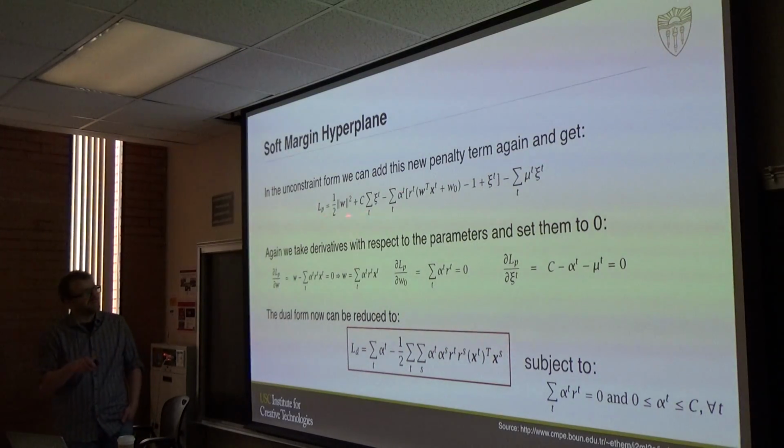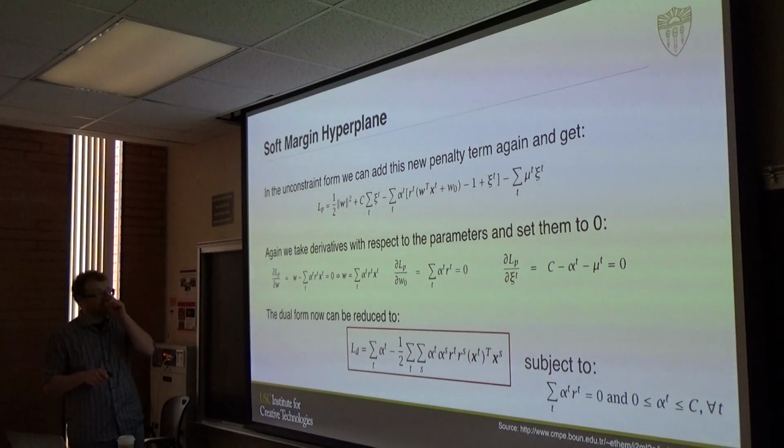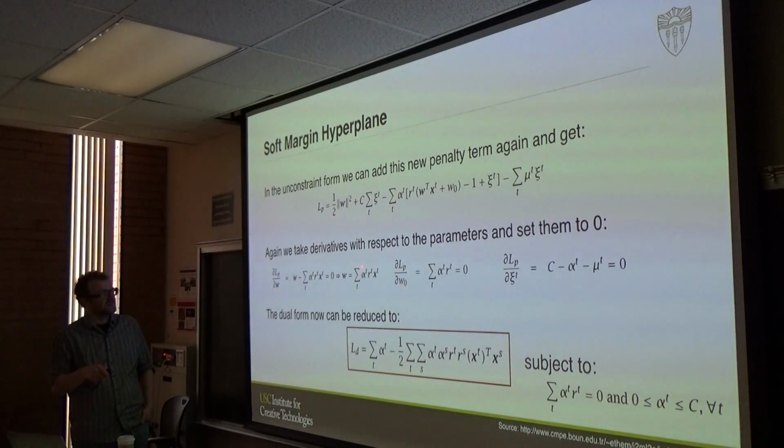So we basically end up with this equation there. And again, we have to derive that for w, set it to 0, and again we get w equal to the same thing as we had before, and w0, same thing, and with respect to these parameters, we get now this thing here, which should add up to 0.